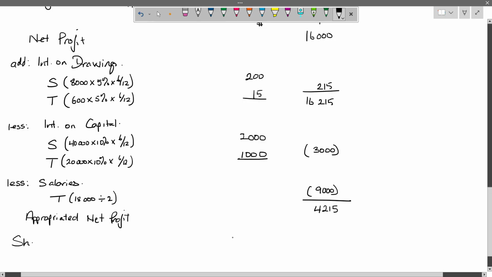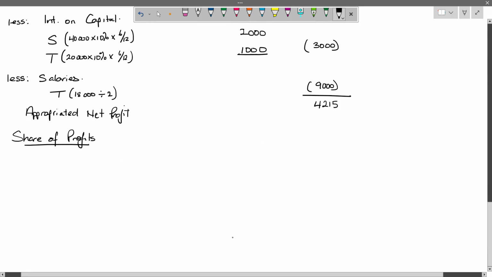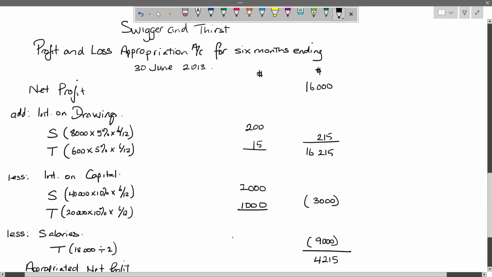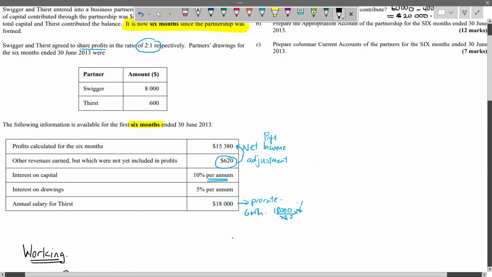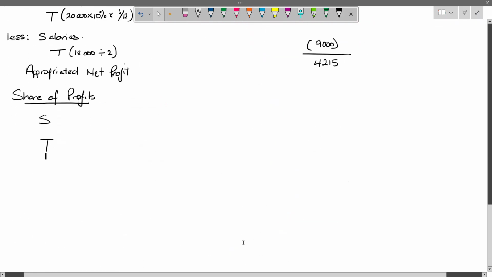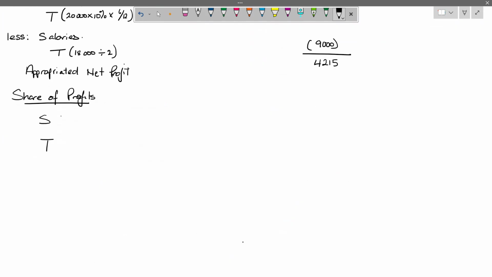And then we're going to do share of profits. Swigger and TUS. And they said 2 to 1. So 2 to 1, 2 plus 1 will give me 3. So that means 2/3 and 1/3. Right, put another bracket.